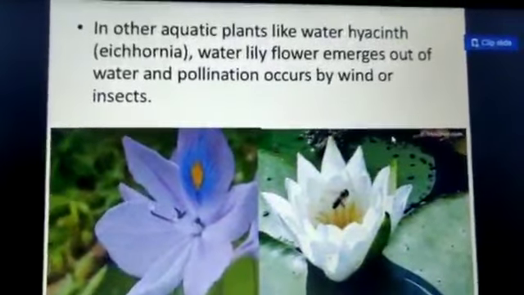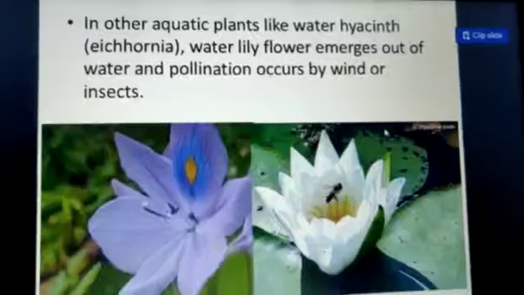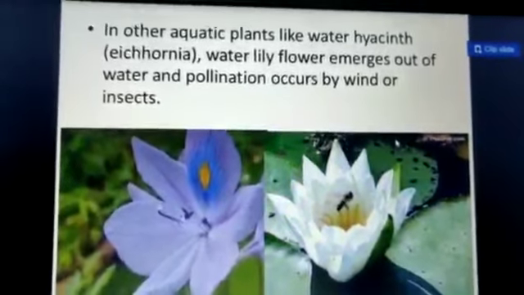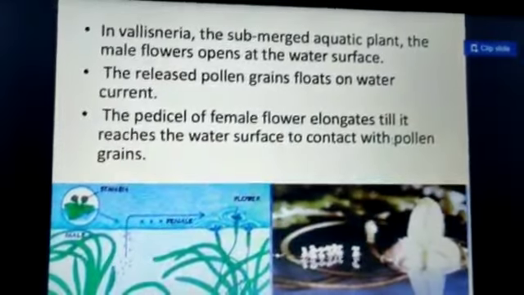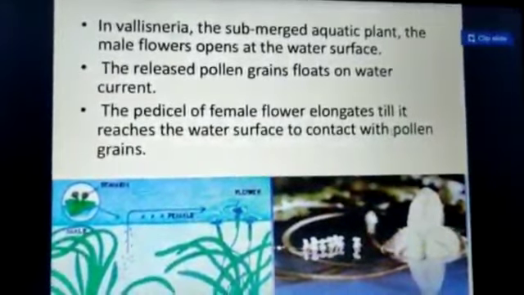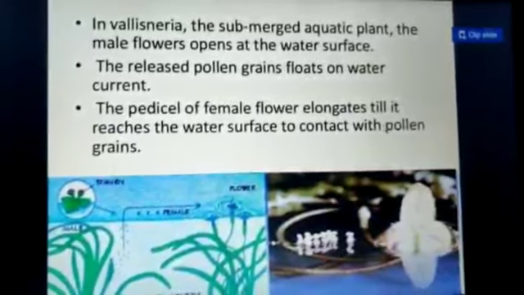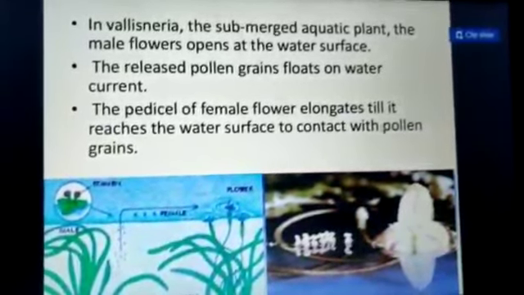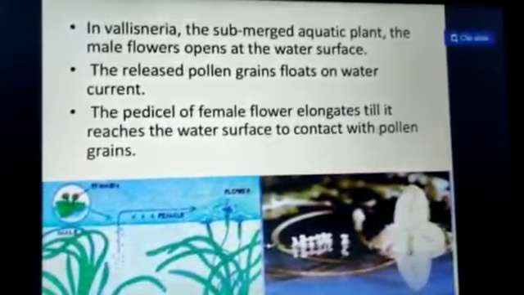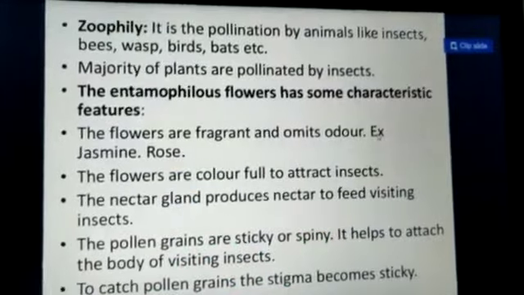In other aquatic plants like water hyacinth or water lily, the flower emerges out of the water and pollination occurs by wind and insects. In Vallisneria, a submerged aquatic plant, the male flower opens on the water surface. The released pollen grains float on the water current. The pedicel of the female flower elongates till it reaches the water surface to contact the pollen grains.